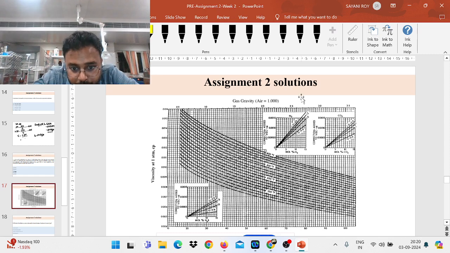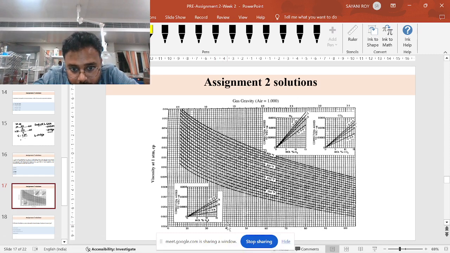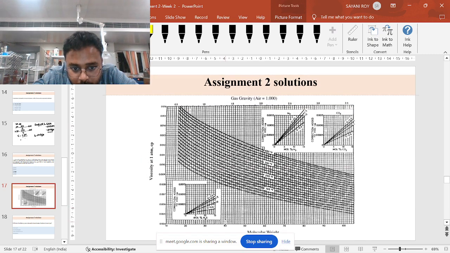So our answer will be lying somewhere between 0.010 and 0.011.